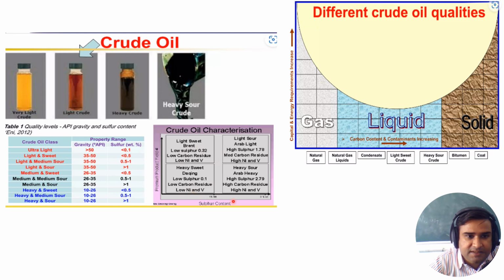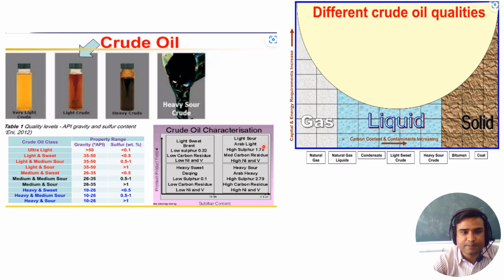All these are characterized based on their API gravity and the content of sulfur. So mostly based on this, crude oil is called by different names, for example ultra light, light sweet, light medium, medium sour, medium heavy crude, sour crude, like this, based on the sulfur content and their API gravity.